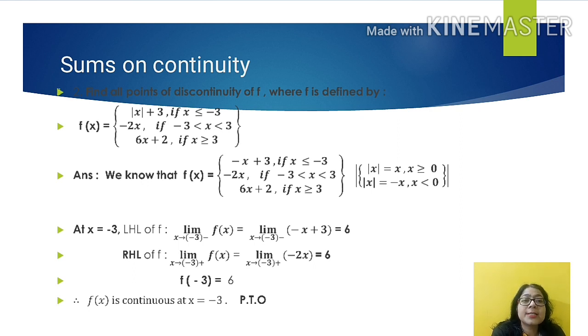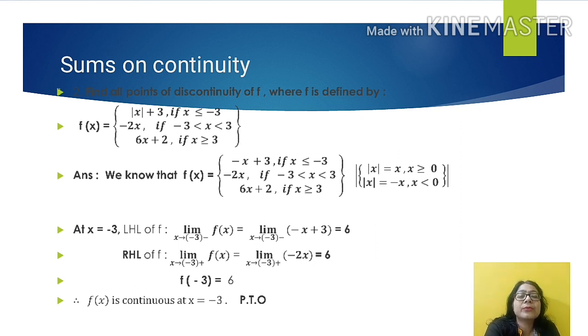Now we have to consider the second one, where x is more than minus 3, that function is minus 2x, that one we have to consider here. So this is minus 2 into minus 3, that is plus 6. And f of minus 3, we have to consider the first function, that is minus x plus 3. In place of x, we put minus 3. So the same answer, plus 6, is coming.